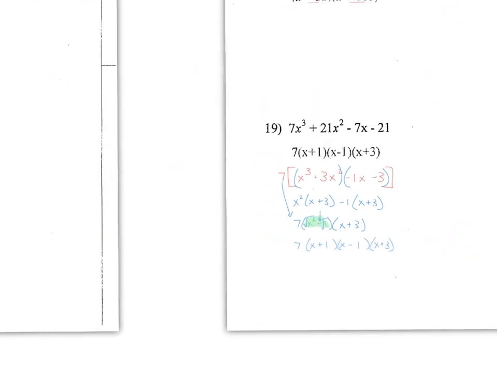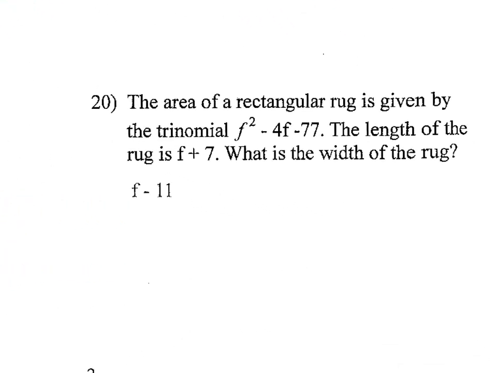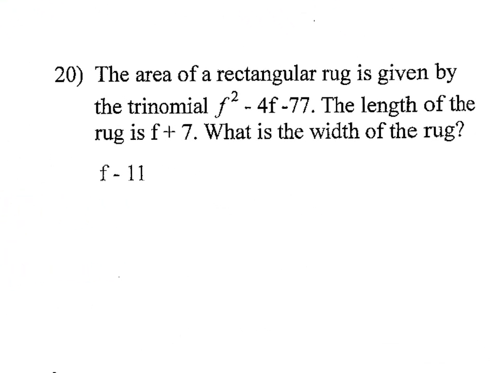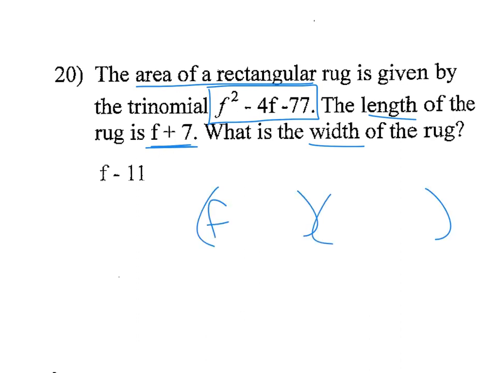Okay. All right. And the last one, number 20. So now, again, this is another one where we've got an area of a rectangle. Okay. They've given you here it is all multiplied out. And then they tell you the length is f plus 7. So your job is to find the width. Well, what's happened here is they've already given you one of the factors. They're telling you that one factor is f plus 7.